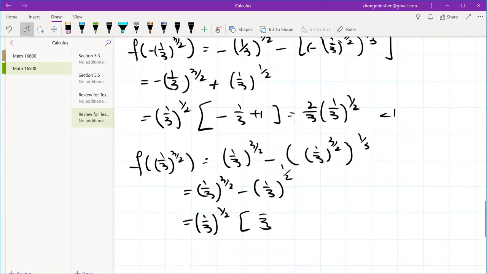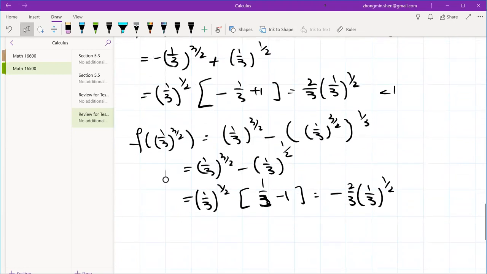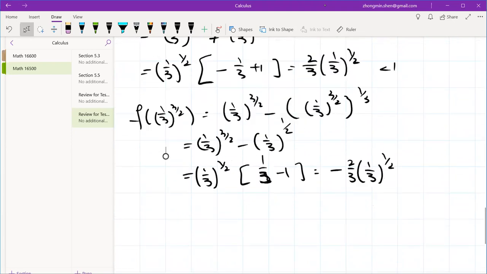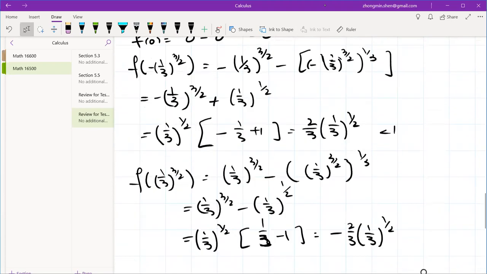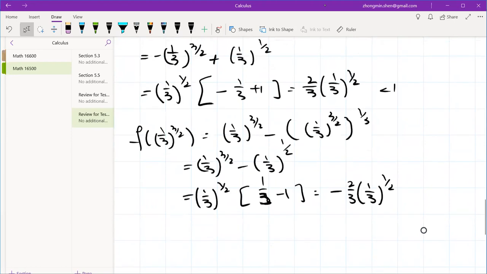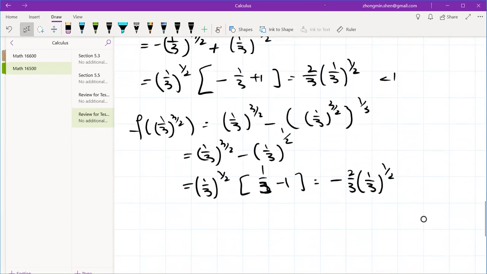I get 1/3 minus 1, and I get negative 2/3. So the difference is just a sign. All right, so I get 4 values. Let's go back. I got 0, 6, one positive number, and one negative number. I think this is the smallest value.